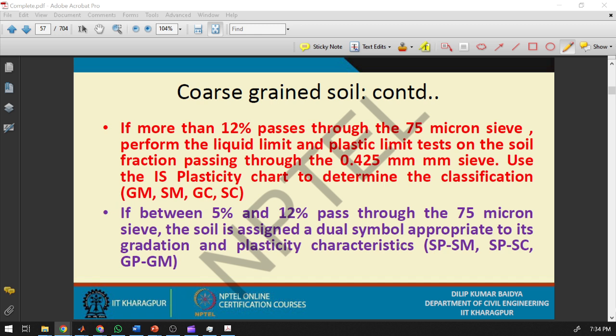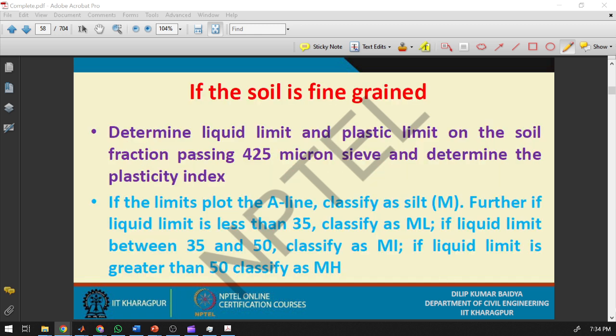But if it is between 5 to 12%, then you give a dual symbol for the sand and the clay. For the fine grained particle you will give the compressibility, and for the coarse grained particle you will give the gradedness.